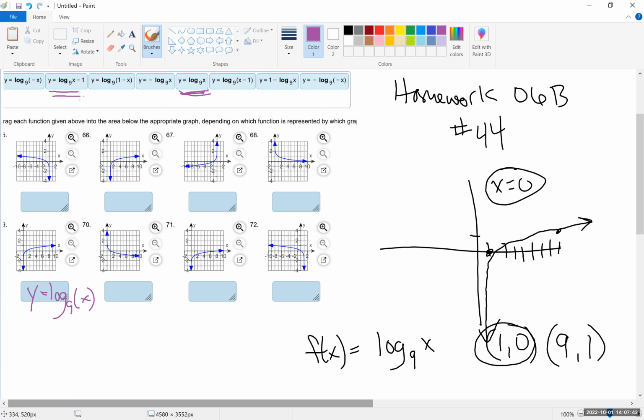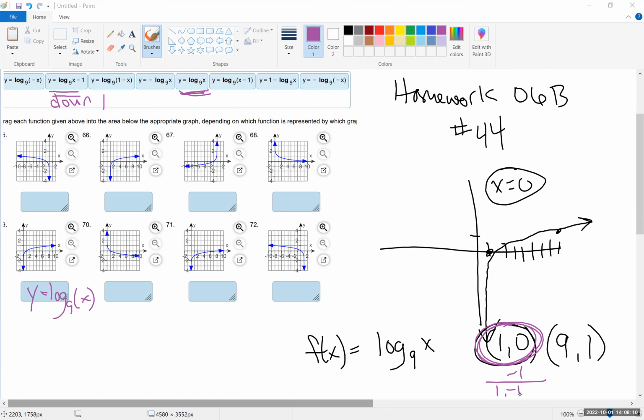So here we have log base 9 of x minus 1. This is the same thing, except it's down 1. So instead of being at the point 1, 0, it's going to be at the point 1, -1. So we're looking for a graph that goes through 1, -1 with this same shape, starting down and ending upper right.